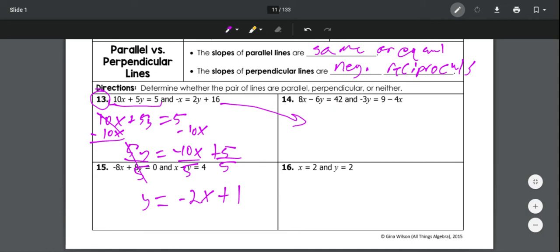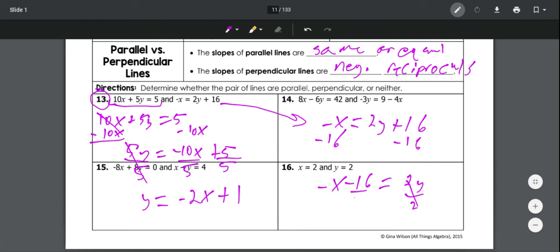So we've got negative x equal to 2y plus 16. So I'm going to move this 16 to the other side. So that'll be negative x minus 16 equals 2y. Then you need to divide each of these terms by 2.